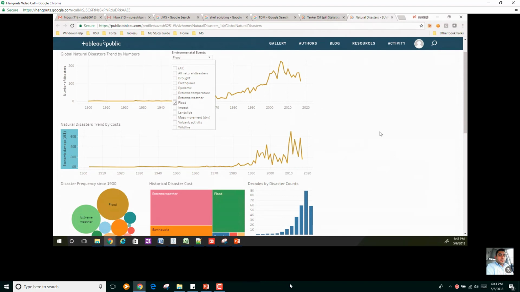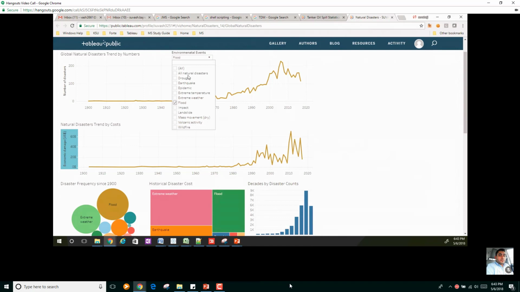As you can see, mostly in the 1990s and 2000s, we can see the higher value cost-wise, or the number of events that took place. We can see more of those happening in the 21st century.